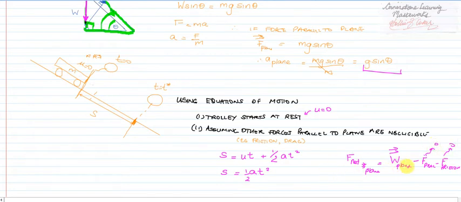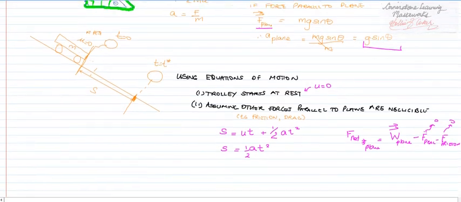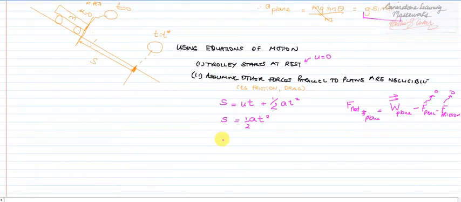Then F net on the plane is the force parallel to the plane, and therefore the acceleration on the plane is g sine theta. So S is now equal to a half times g sine theta times t squared. Now, let's assume I'm going to build a table.